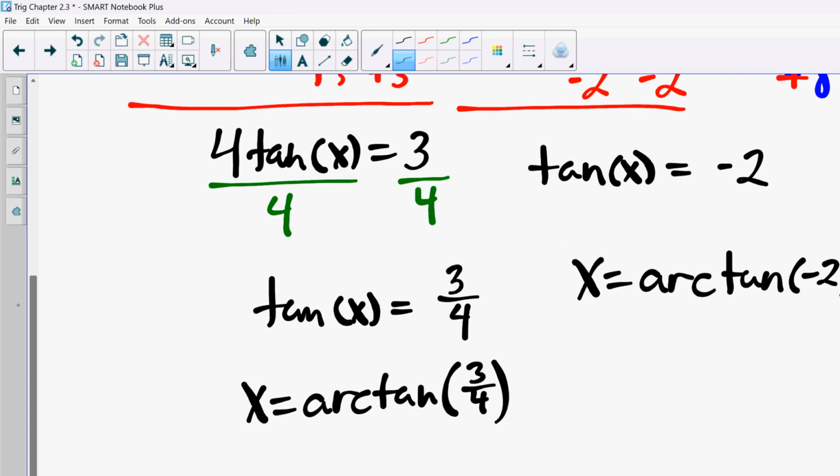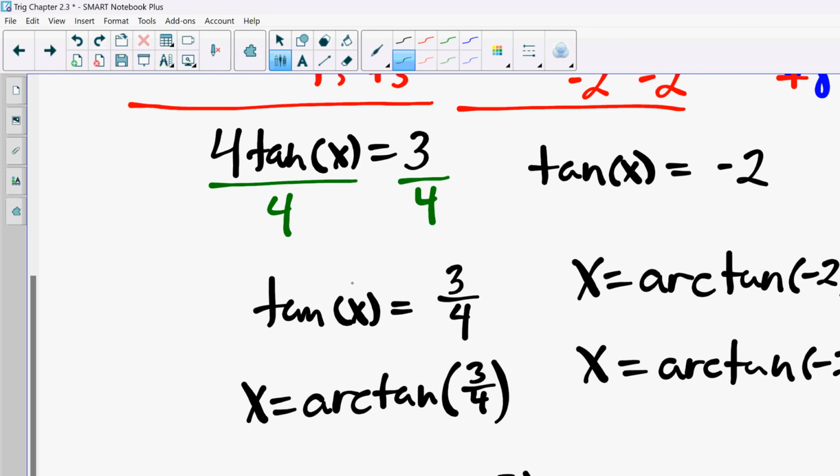So for this one here, we really have to add pi. Well, back up. We're just going to have to add pi to it.